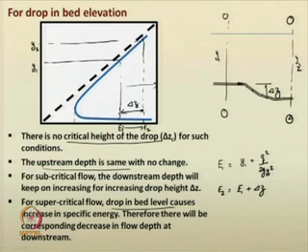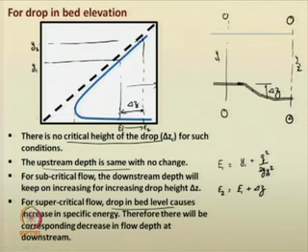causes an increase in the specific energy. So, if there is a drop in bed level, definitely it causes an increase in the specific energy, as is evident here. So, what happens if there is an increase in specific energy?